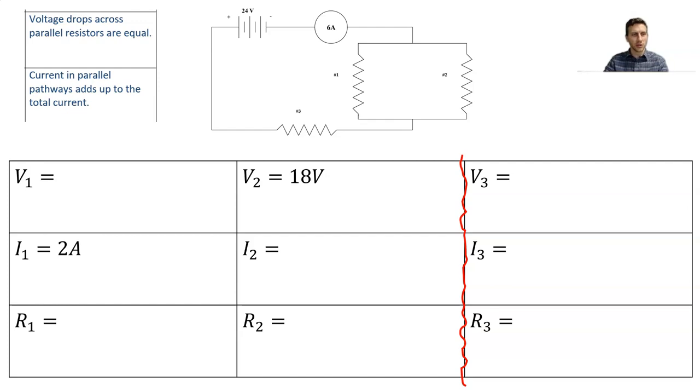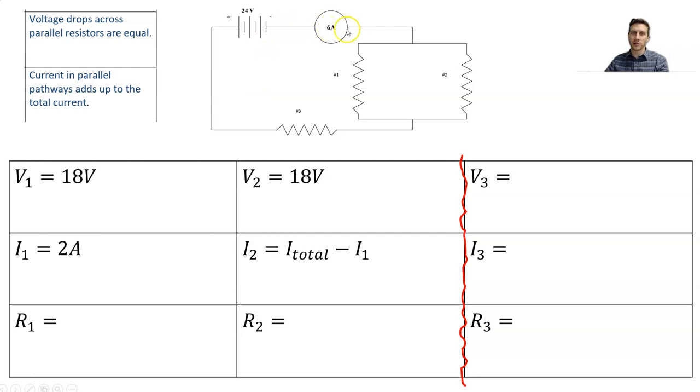Okay, so if that's true, then this one is also going to be 18 volts, because they have to be equal. All right, what about I2? Well, these have to add up to the total. So I can just go like this, I total minus this one, that will give me I2. Okay, what is the total current?